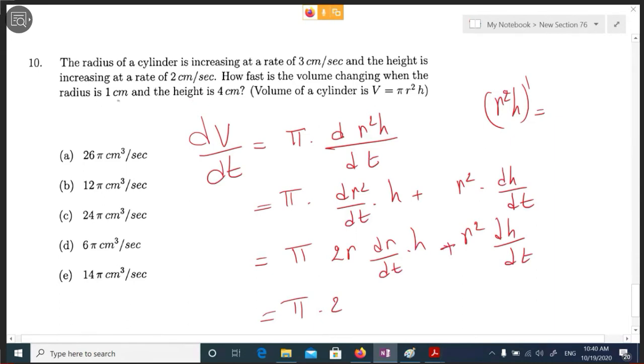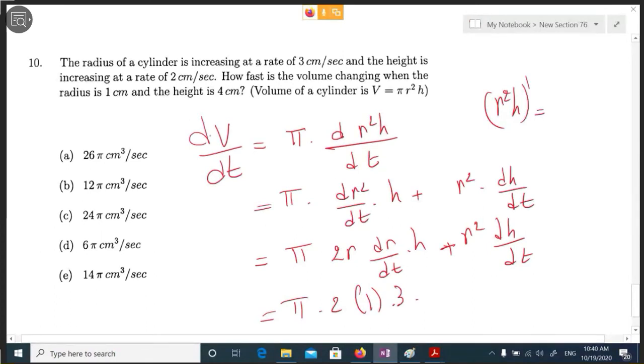So when the radius is 1 centimeter, the radius is 1. Okay, it is given. At this instant the radius is 1. And the rate of the radius is 3 centimeters per second.